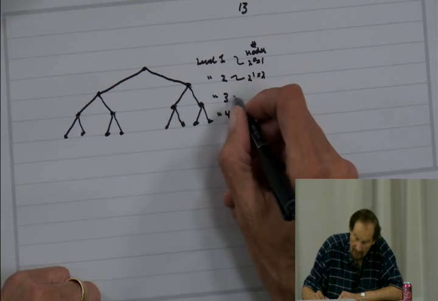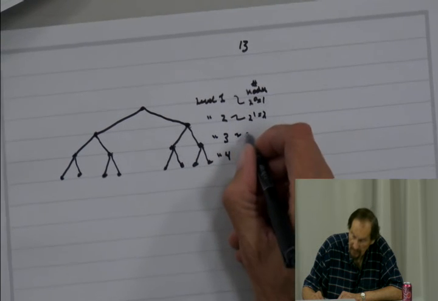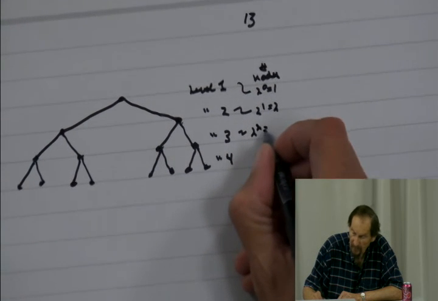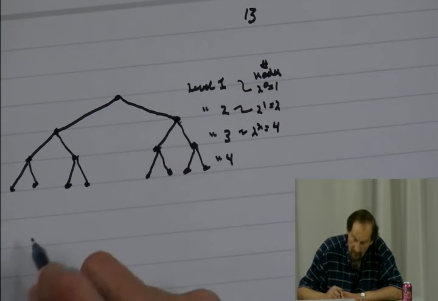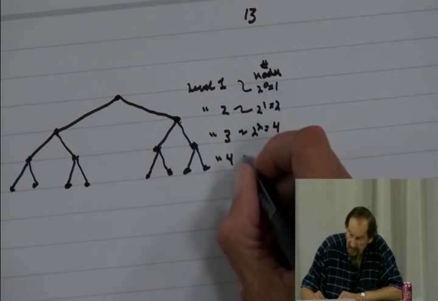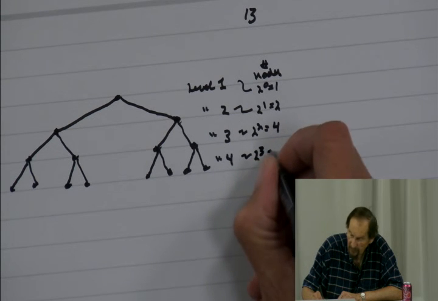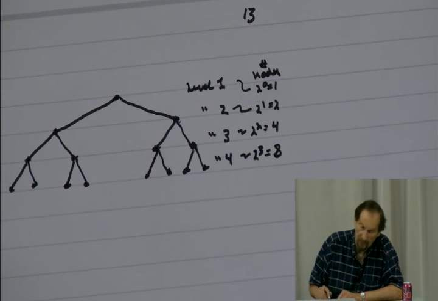Now, at level 3, we have 4 nodes. So that's 2 squared equals 4 nodes. At level 4, we have 1, 2, 3, 4, 5, 6, 7, 8. This is 2 cubed equals 8.